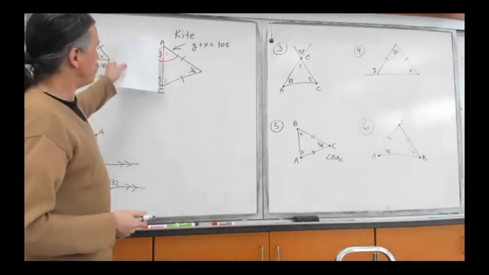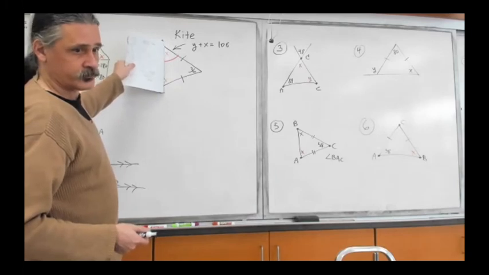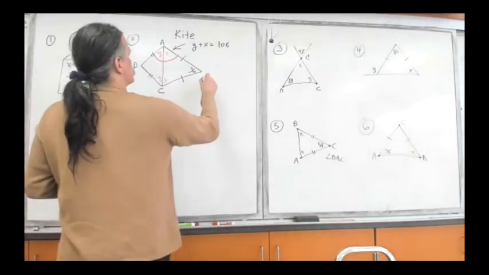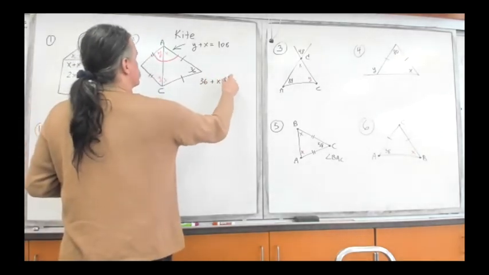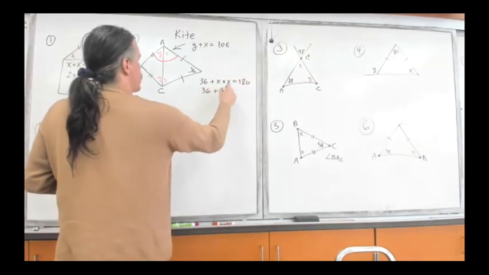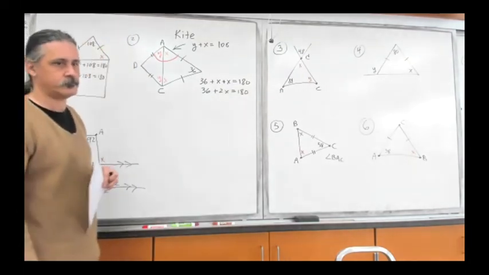Okay, well, we can find the two angles that are congruent on the right isosceles triangle. So we can go 36 plus 2x equals 180. And you can solve that.